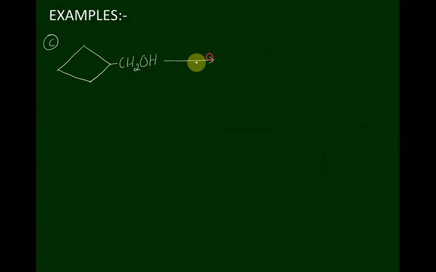When this primary alcohol is treated with concentrated sulfuric acid, it is involved in the formation of a carbocation. The carbocation obtained is called a primary carbocation. And one plus point is that this primary carbocation is bonded to a ring.